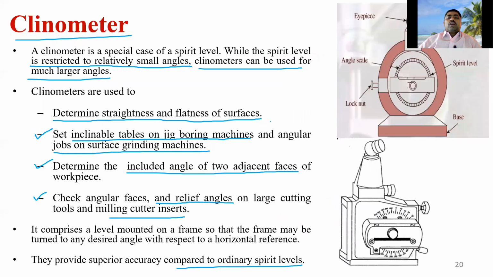There is a lock nut which locks the rotation of the circular dial and the spirit level. And we also have the fine adjustment screw or nut for fine adjustment of this circular dial.